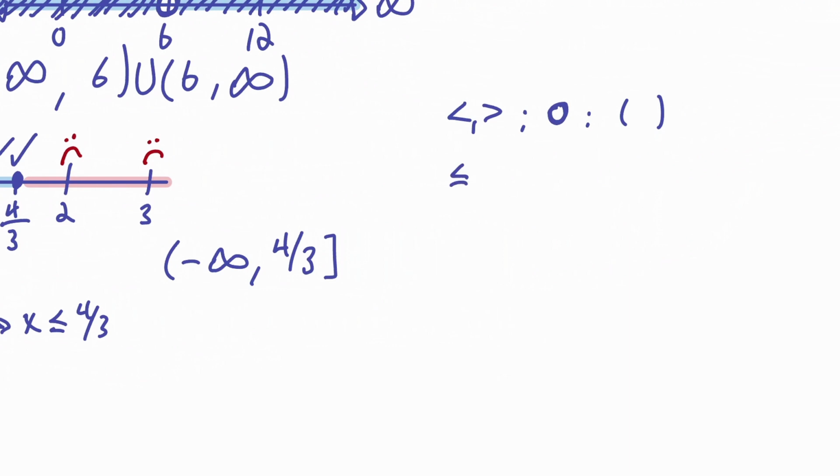If you have less than or equal to, or greater than or equal to, that's equivalent to a filled-in dot on the number line, which is then equivalent to using brackets on the interval. So the inequality symbols here correspond to the line graph symbols here, which correspond to the interval notation there. So you've got a little chart that tells you what's related.